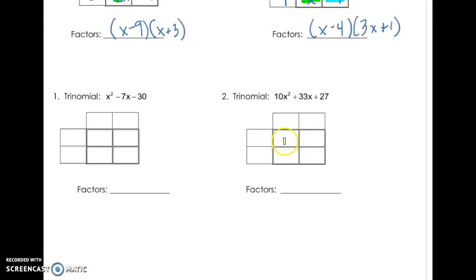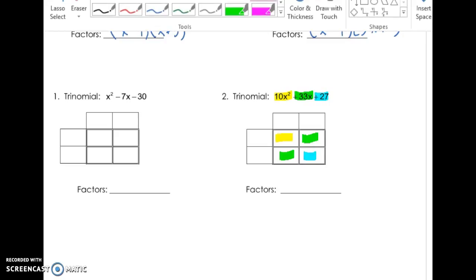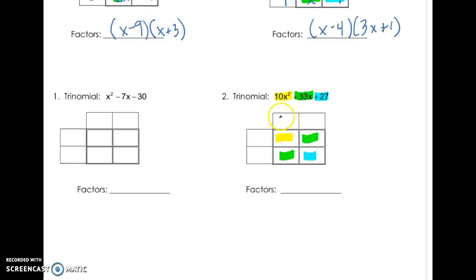We're going to start with that first number. That's got to be our 10x squared. We want these two boxes to add up to 33x, and we want our last box to give us a 27. So I'm going to try 5x and 2x to give me 10x squared. And for 27, I'm going to try a 9 and a 3 because those are my factors that are closest together.